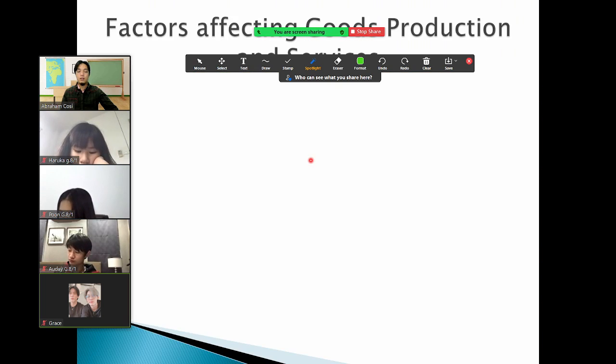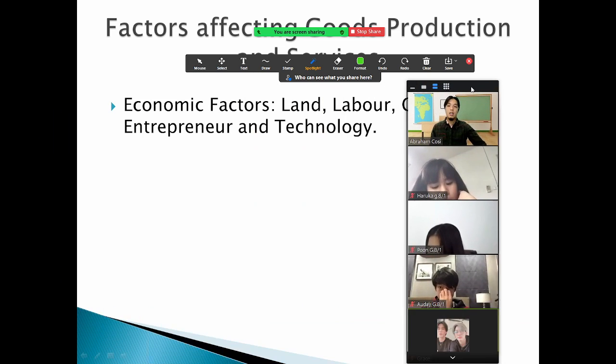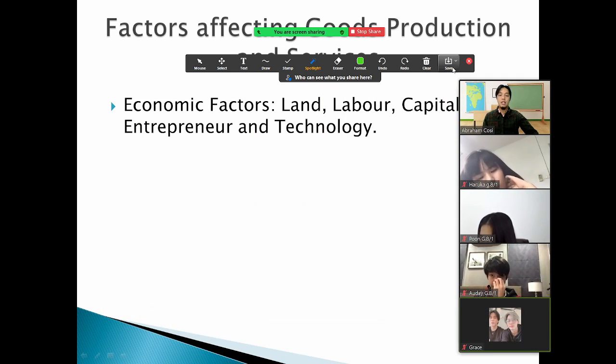We also discussed factors affecting goods production and services.